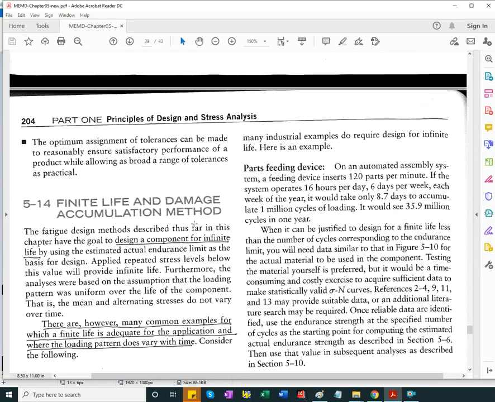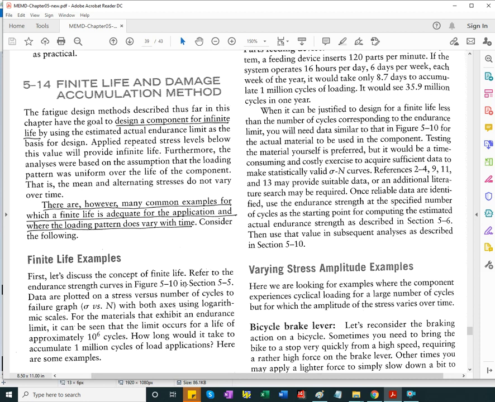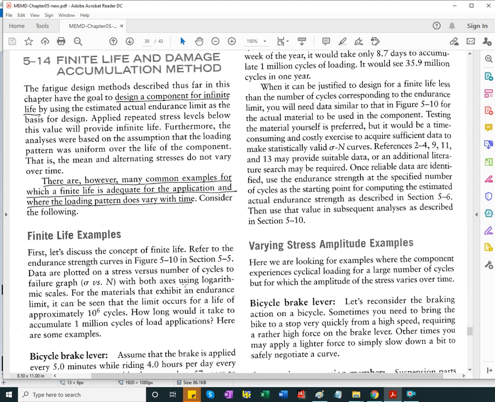And finally, the damage accumulation method, first observed with rolling element bearings.